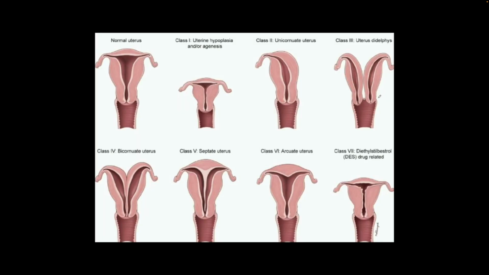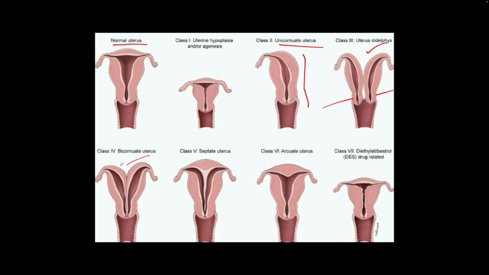This is a graphic showing the different kinds of Mullerian duct anomalies. Here on the top left is the appearance of the normal uterus. Then we have a unicornuate uterus with a banana shaped appearance, uterus didelphys, where there are two cervix.